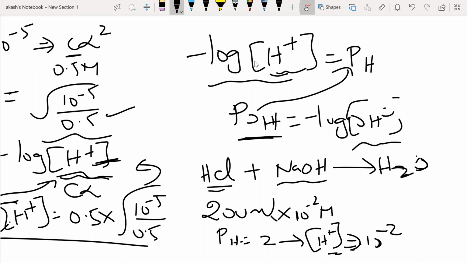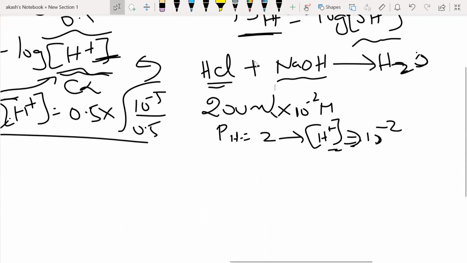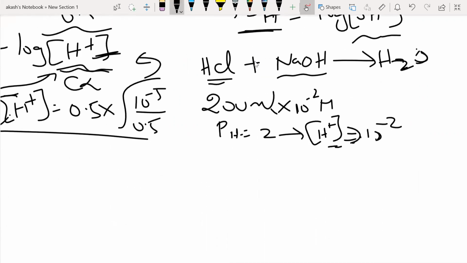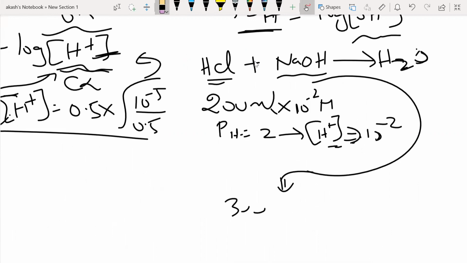Okay, so let me do it for NaOH. Maybe I'll take a little space. So for NaOH, they have given me a 300 ml solution, and they have given me the pH of this to be equal to 12.